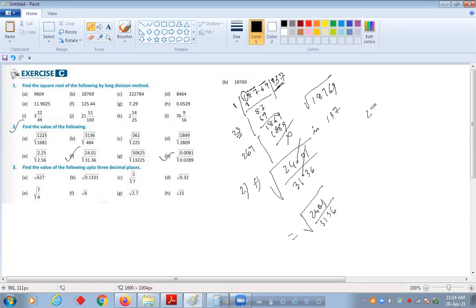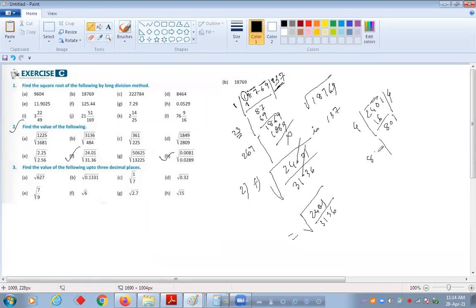Now 2401 we will find the square root. Take the numbers from the right side, pair by pair. 4 fours are 16. Then 801, 4 double is 8. So how much will we write over here? 9.